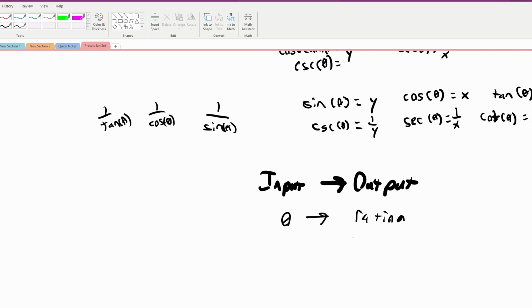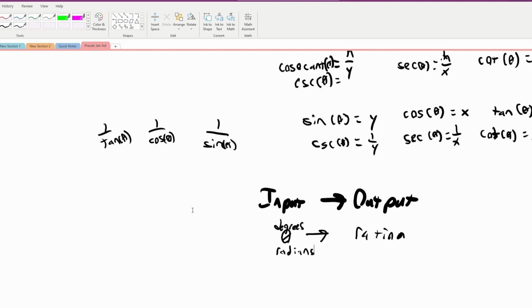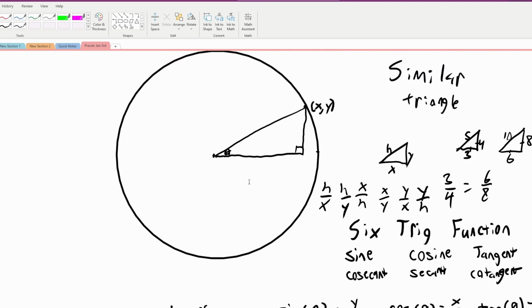So for this, our angle can be in either degrees or radians. And by specifying the degrees or radians, it actually gives us a specific location on the unit circle. So a full circle in radians is considered to be 2 pi, and in degrees is 360 degrees.